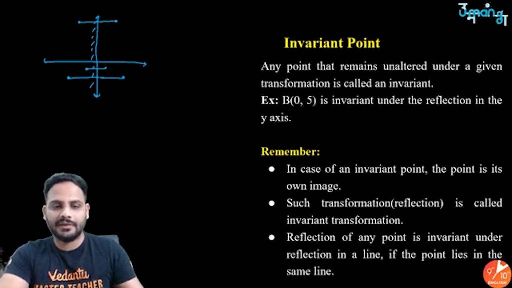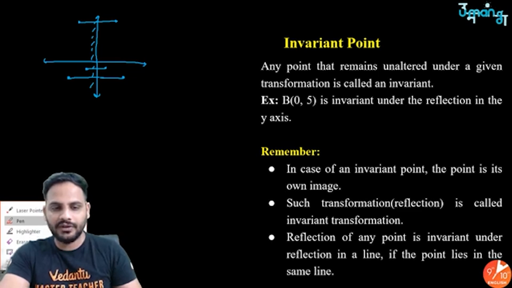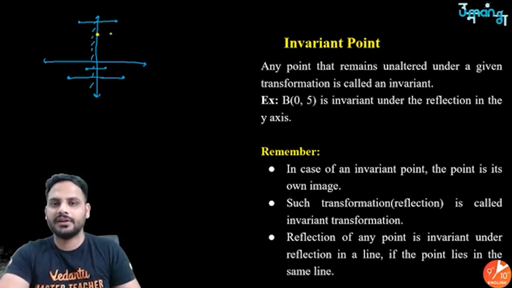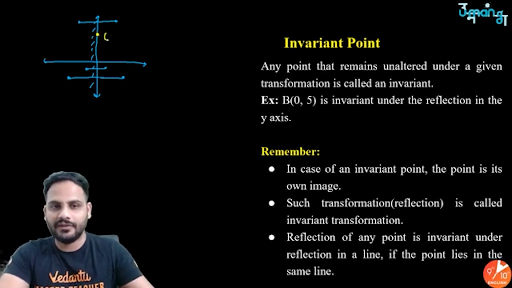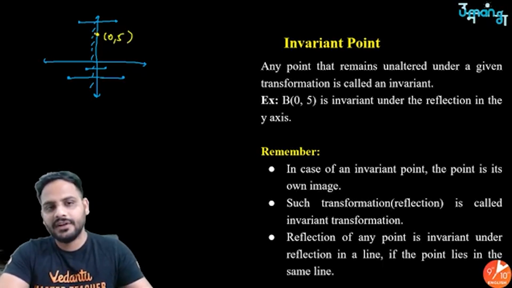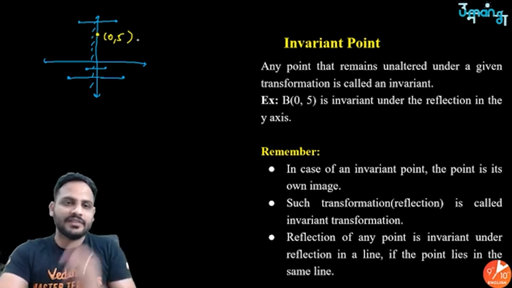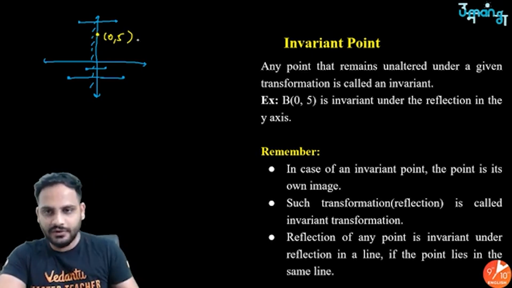But my question is, what if the point we are choosing is on the y-axis only? If the point is on the y-axis, its image also will be over here. So suppose this is the point (0, 5). Its image also will be (0, 5) only. So its image also has the same coordinates.